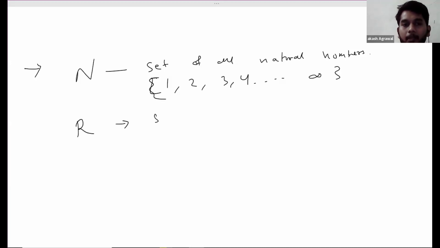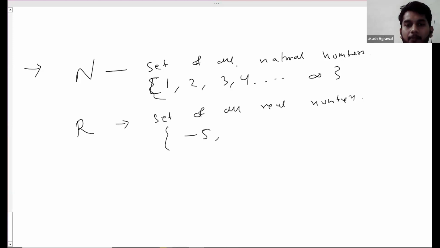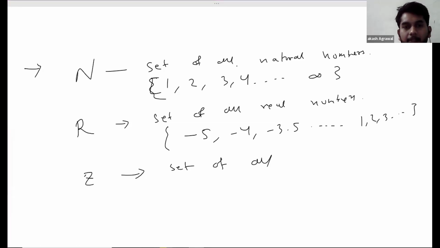R मतलब होता है set of all real numbers. Very good, Abdullah. Real numbers means -5, -4, -3.5, 1, 2, 3 etc., सारे नंबर्स। ठीक है। Z, what is Z, Abdullah? Integers, very good, set of all integers.